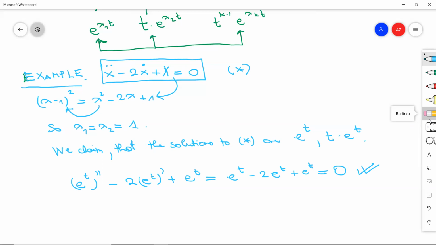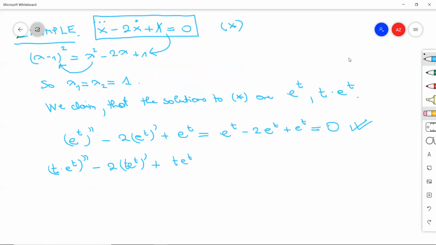And then we do the same for the other candidate, t times e^t double prime minus 2 times (t e^t) prime plus t times e^t. So let's first compute the derivative of t times e to the power of t. What is the derivative of t times e to the power of t? Yes.